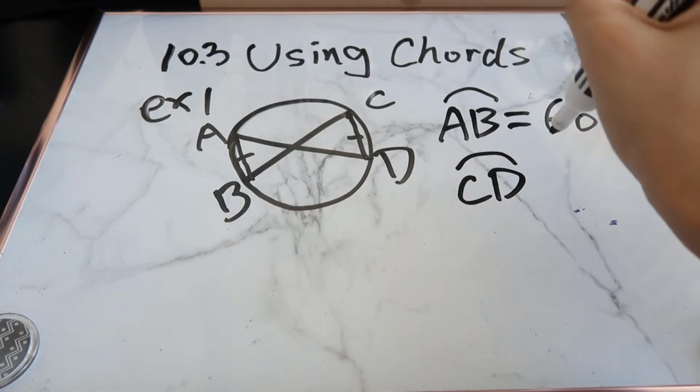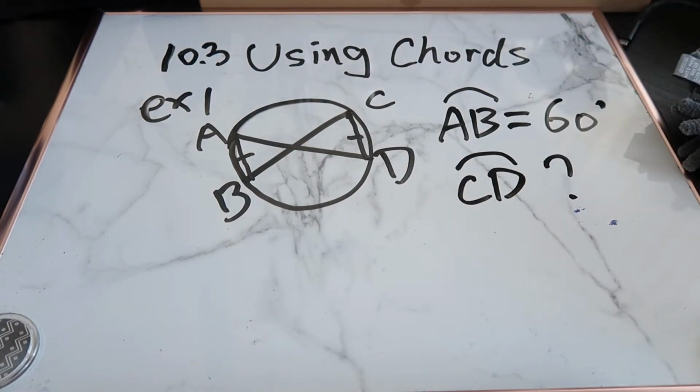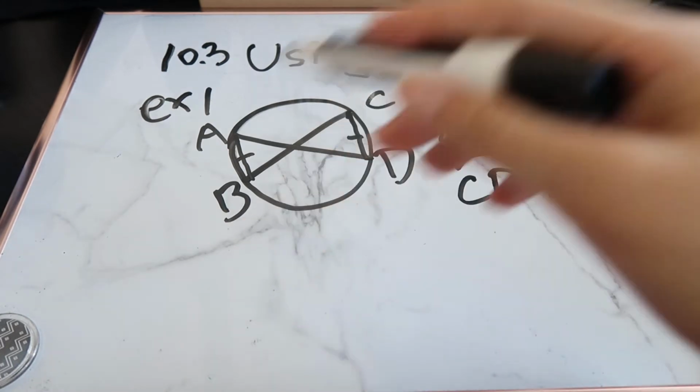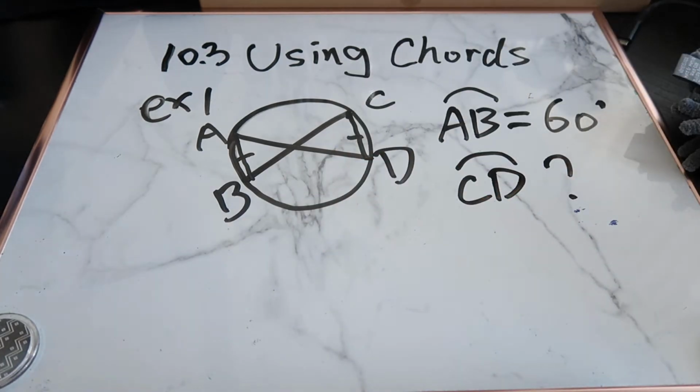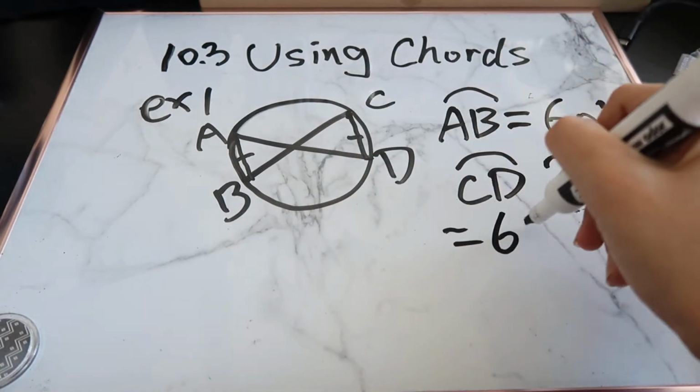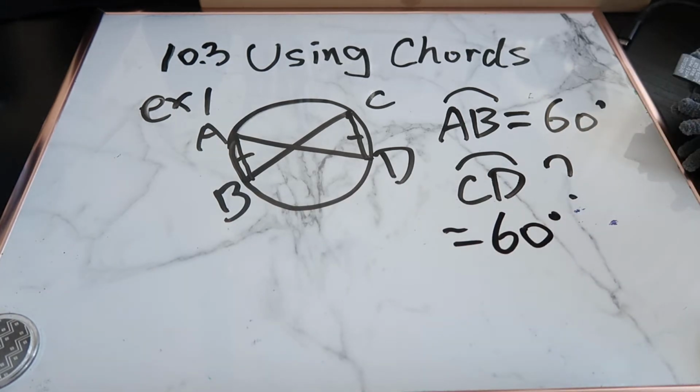What does arc CD equal? The reason why we can use the theorem here is because we know the chords already equal each other. Then in this case, we can just conclude arc CD would also equal 60 degrees.